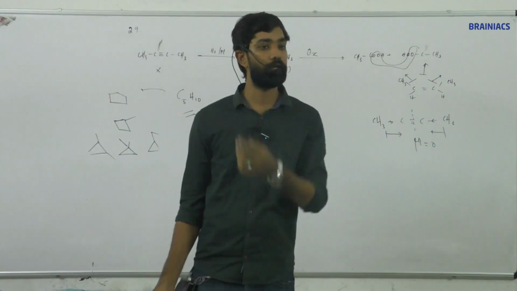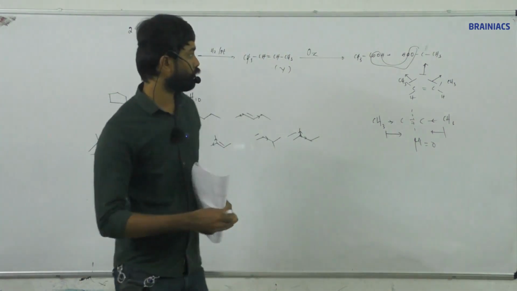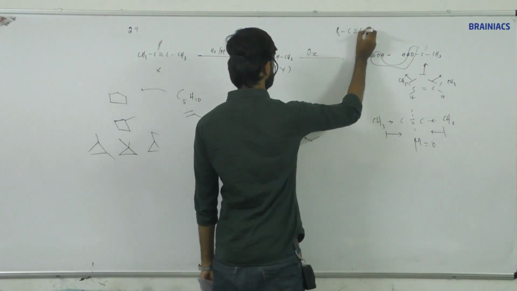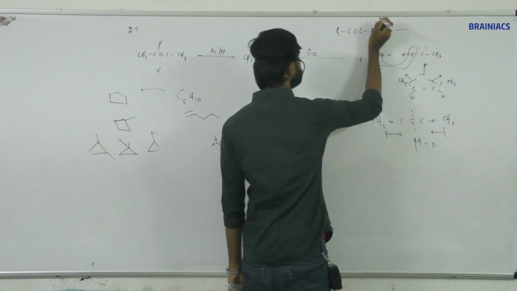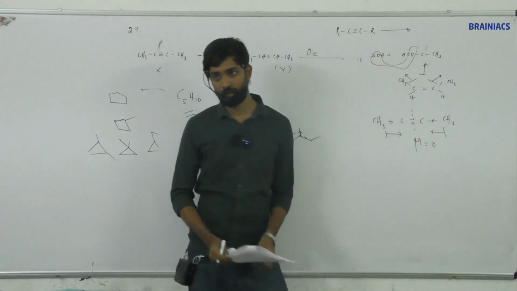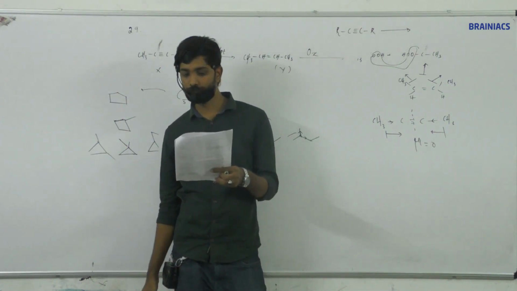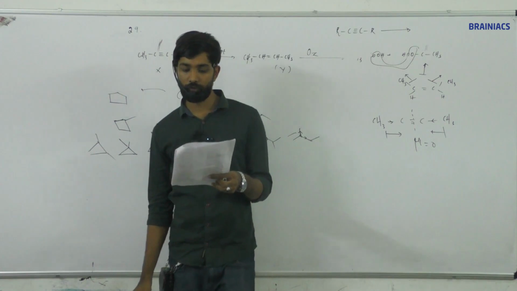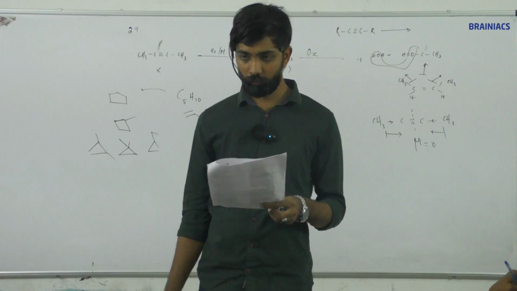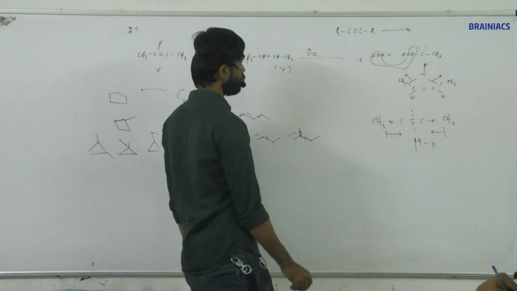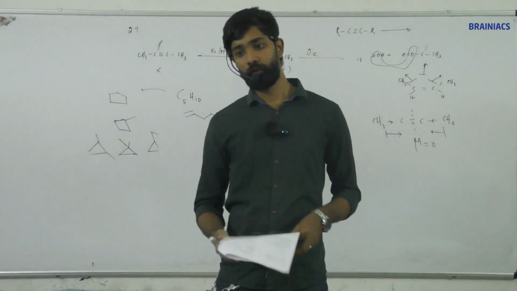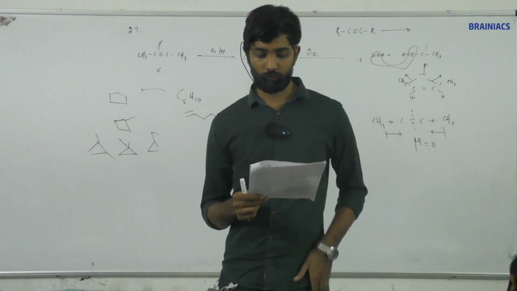Your non-terminal alkyne can be turned into a terminal alkyne when it is treated with sodamide. So you are given but-2-yne, right? It becomes a terminal alkyne when treated with sodamide in an inert solvent.